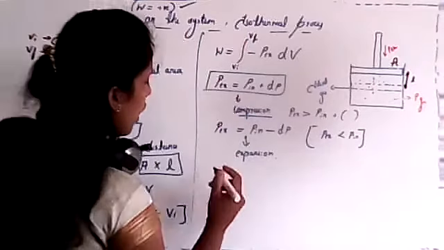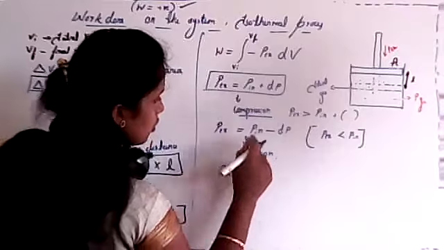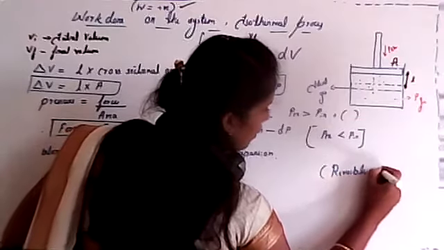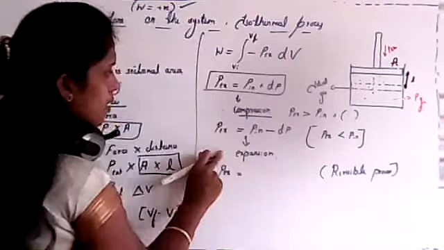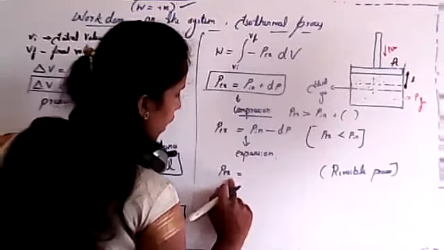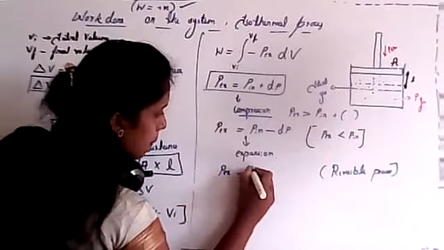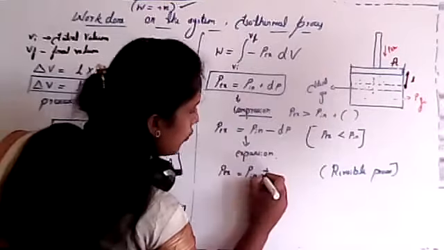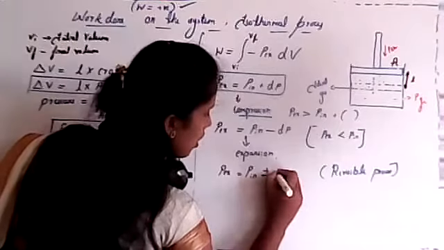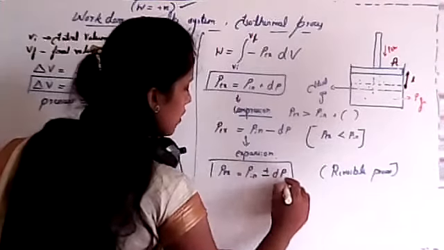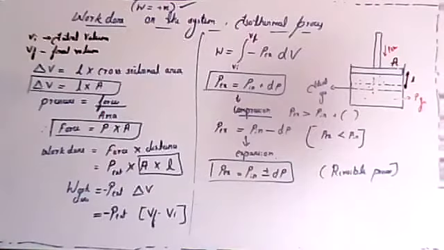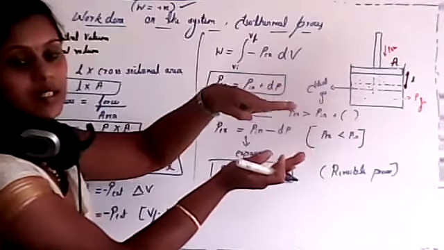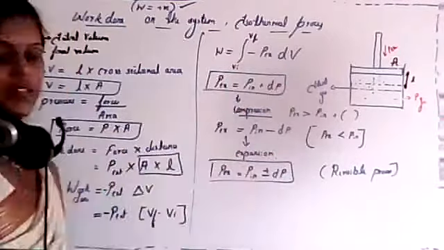In a reversible process, there may be expansion, there may be compression. So P external equals P internal plus or minus dP. If I write a plus, it is compression. If I write minus, it is expansion. So this is for your reversible process. The system may be expanded or compressed; it is in between. That is, it is reversible.